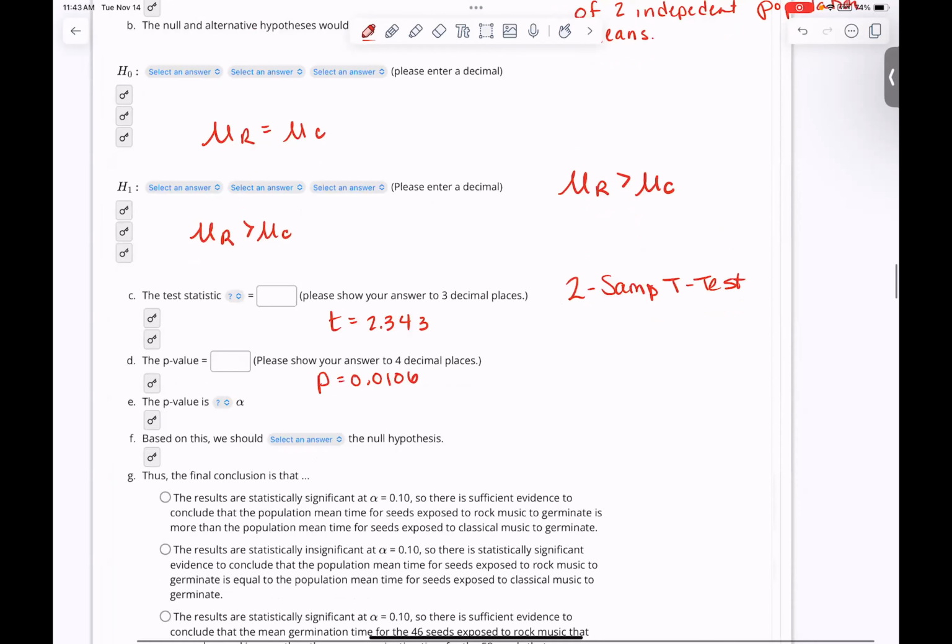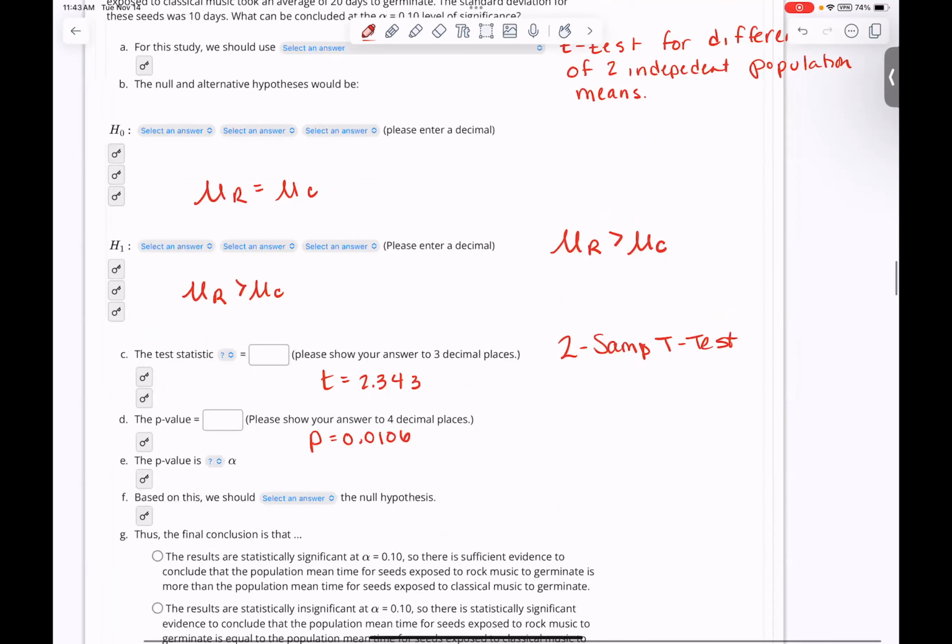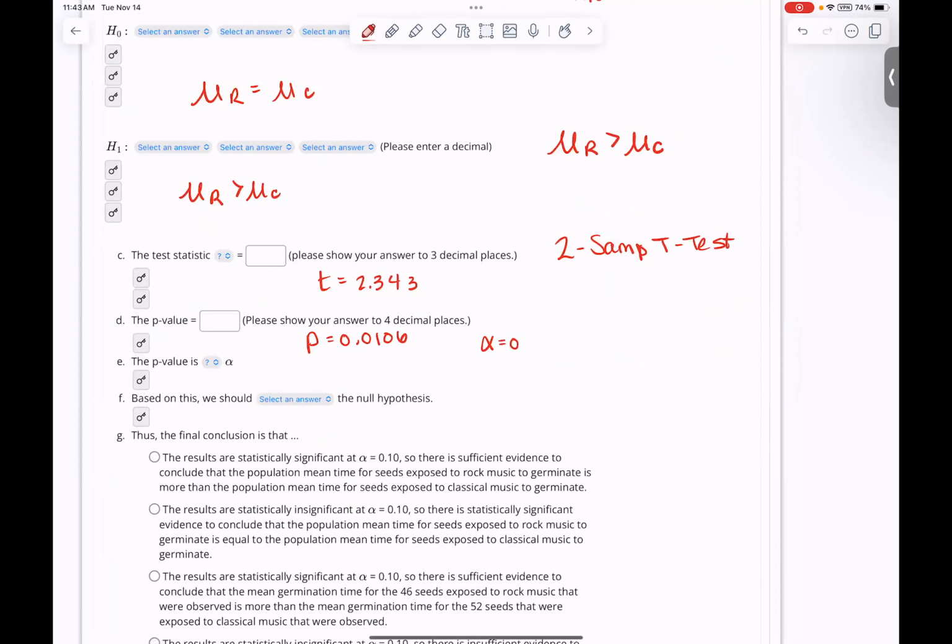And our level of significance that we're testing at is alpha equals 0.1. So our p-value is less than or equal to alpha. So we're going to reject the null hypothesis.